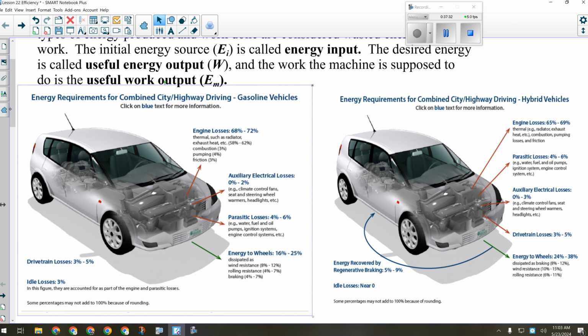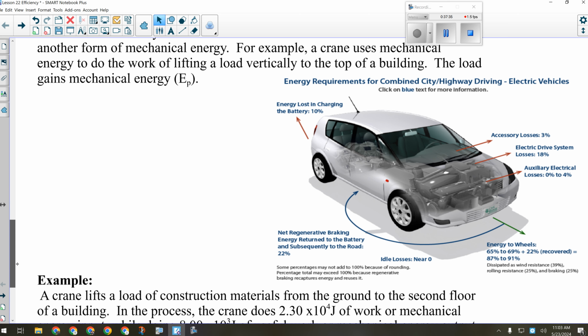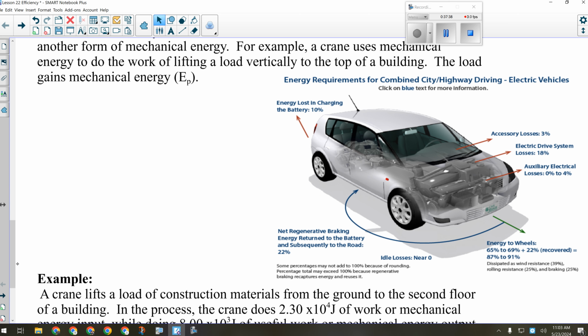That is way, way, way more efficient. So if I look at this example here with the electric car, energy to the wheels, 87 to 91% when you factor in the regenerative braking. The internal combustion engine was like 68. That's way, way better.